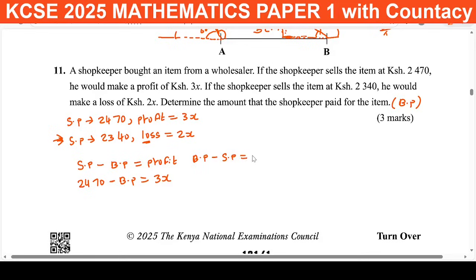This is what really gives us the loss. The buying price minus the selling price, this is what gives us the loss. Therefore, that would imply that what's the buying price? We don't know actually.